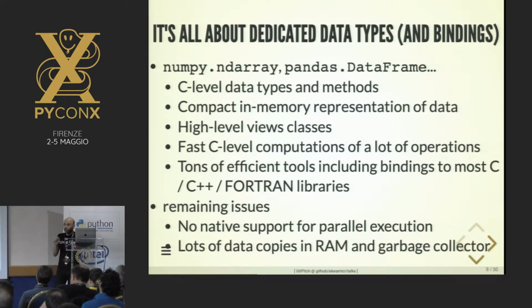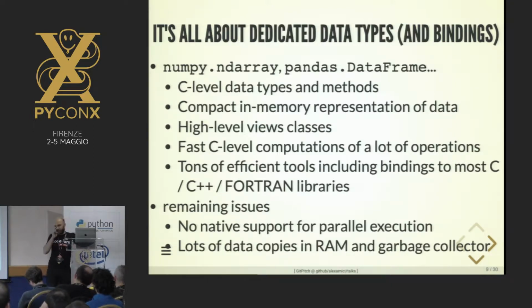And then the real issue with Python is that there are a lot of copies in RAM, and again, the garbage collector kicks in also with the nice data types, because you don't control when data disappears. You don't need the data anymore, but maybe it stays for a few instructions before it is removed. And that is copied a lot. This is the real point.